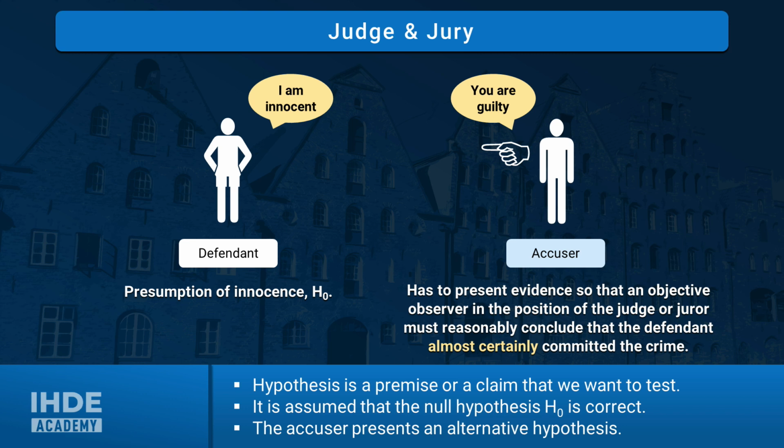To convince the judge or jury of the accused's guilt, the prosecutor must present strong enough evidence that an objective observer in the position of a judge or jury must reasonably conclude that the accused has almost certainly committed the crime.